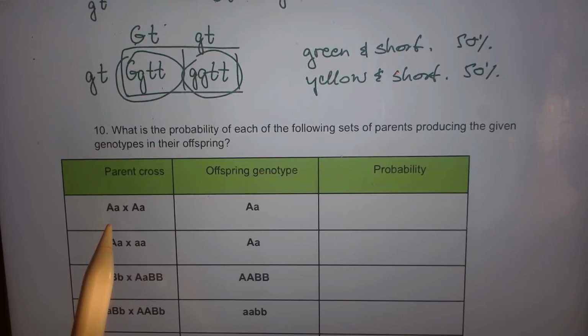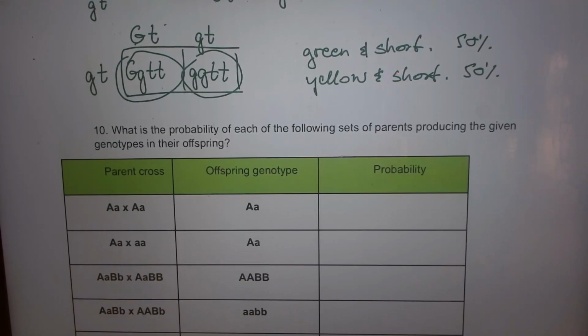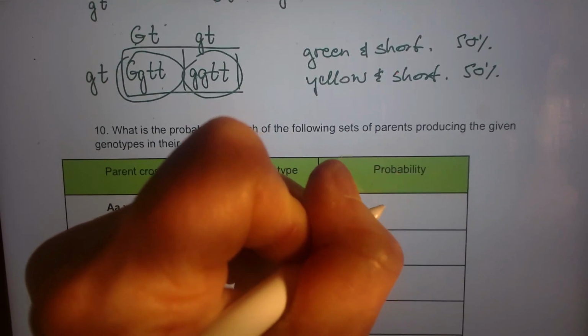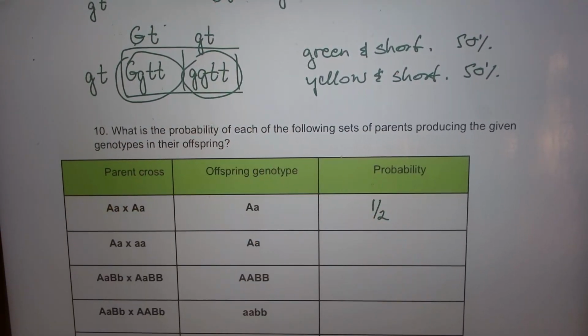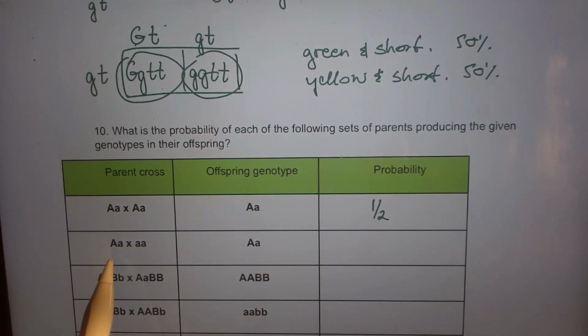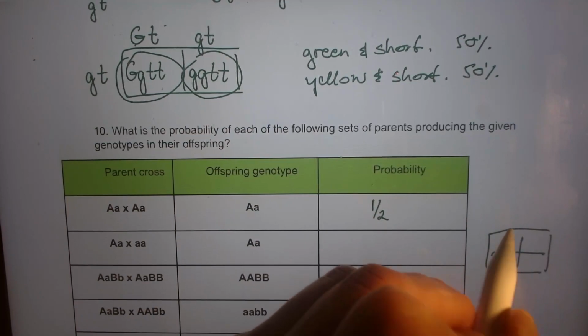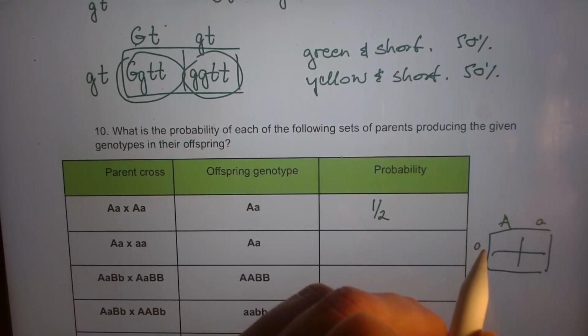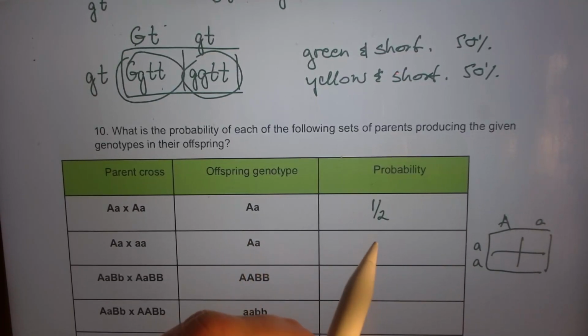Half of them was heterozygous. The genotype frequency was 1 to 2 to 1, so it's going to be half the probability. When we crossed heterozygous with homozygous recessive, in this case half of them was heterozygous.